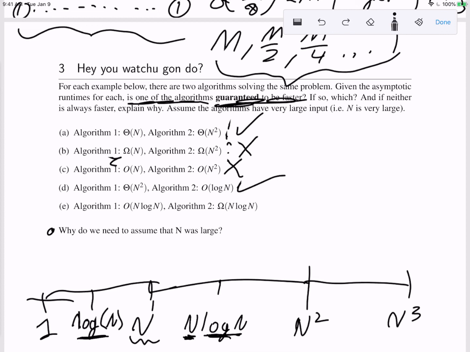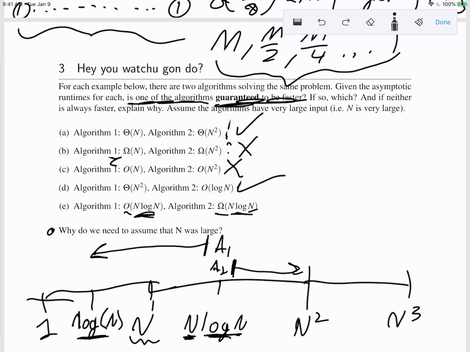Okay, so someone says algorithm 1 is either on this line or to the left, right? Because it's O. And someone also says algorithm 2 is either on this line or to the right because it's omega. Because O and omega include the term, it's kind of like a less than or equal to and a greater than or equal to. Because they include that term, we can't say whether algorithm 1 or algorithm 2 is faster.